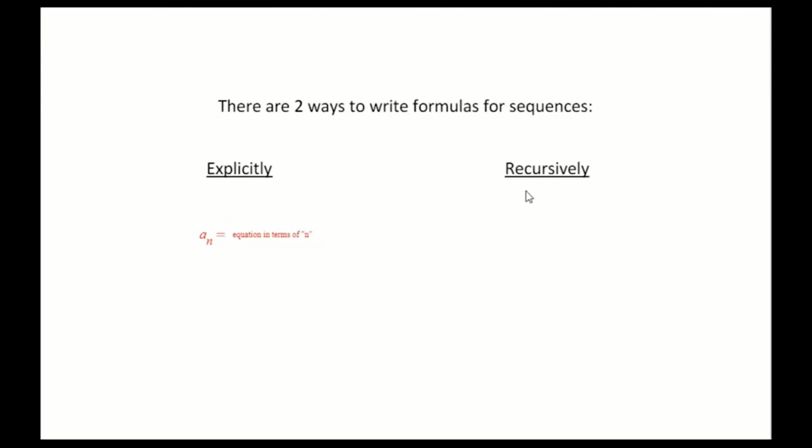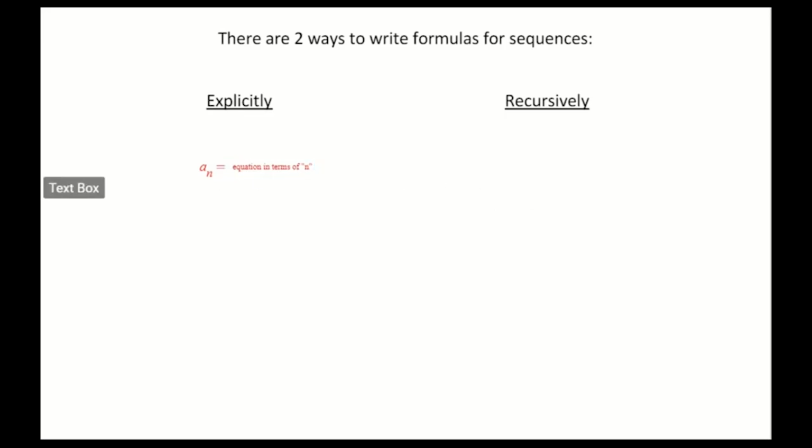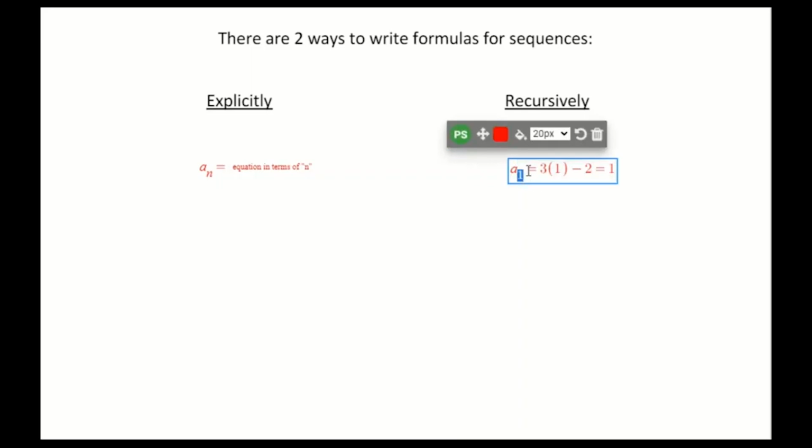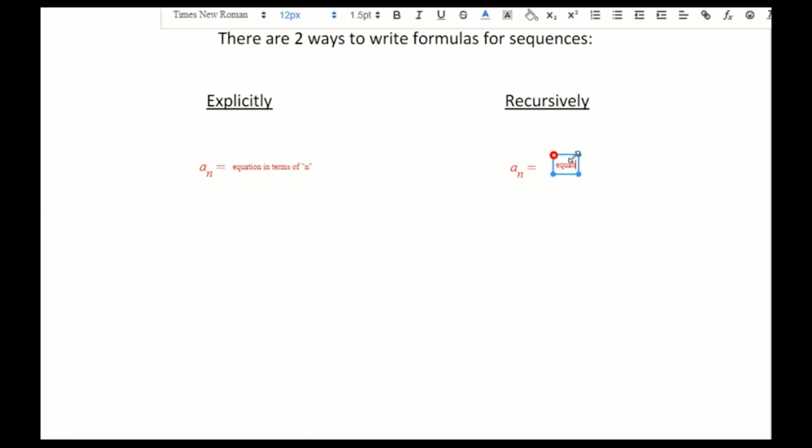A recursive formula is one in which instead of plugging in n, you plug in the value of the previous term. So you still write your equation as a sub n equals, but instead of writing the equation in terms of n, you write the equation in terms of the previous term.